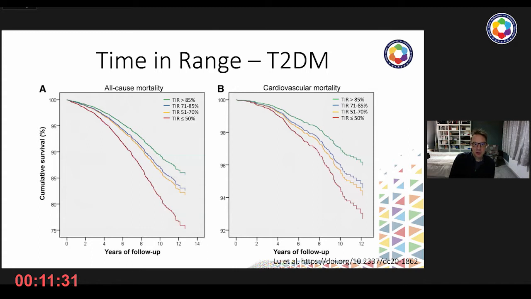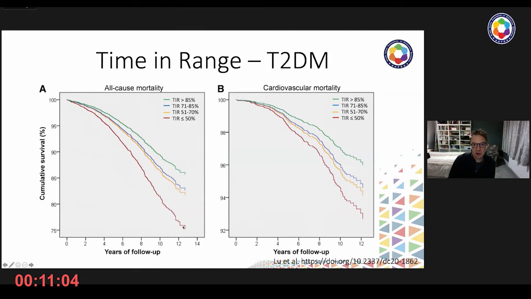Similarly, in type 2 diabetes, these are data from China, using continuous glucose monitoring in several thousand individuals. It's very clear that time in range is associated with both all-cause mortality and cardiovascular mortality. Over more than 10 years of follow-up, the lower your time in range here on the left, the greater your risk of dying.